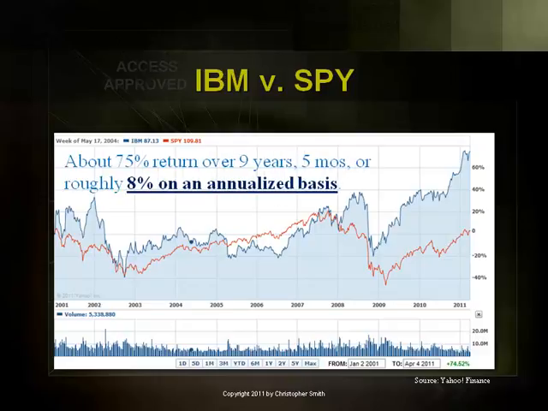So about 75% return over 9 years and 5 months, or roughly an 8% annualized return, which is pretty good. Max drawdown was 33%. All right, so you make note of those figures because we're going to compare the performance of the buy and hold approach to our testing model.